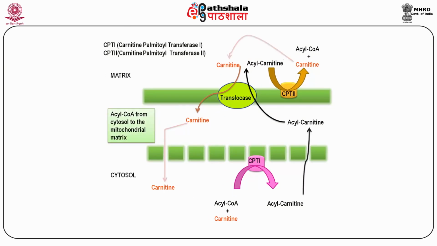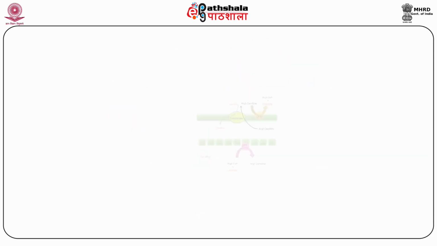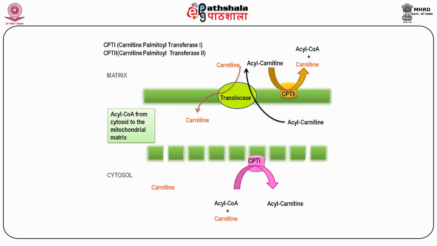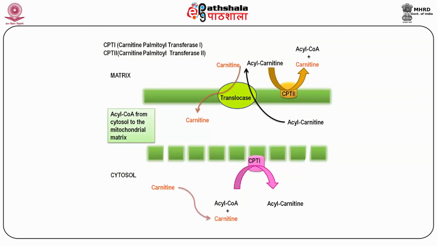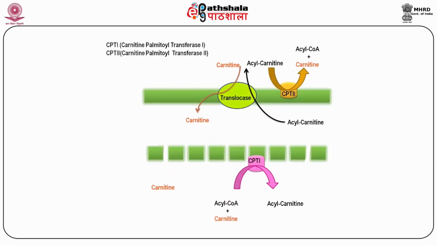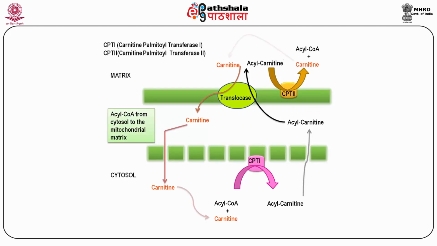Acyl-carnitine is converted to carnitine with the release of acyl-CoA, and this carnitine is translocated inside the mitochondria and then further moved to the cytosol, where it again binds to acyl-CoA and gets converted to acyl-carnitine and translocated to the mitochondrial matrix.